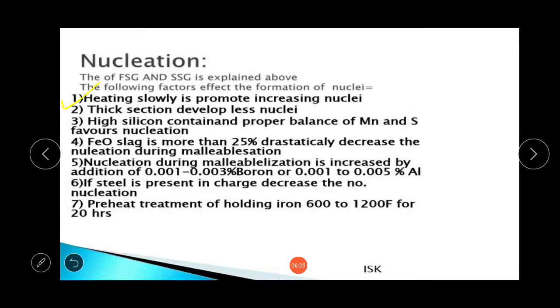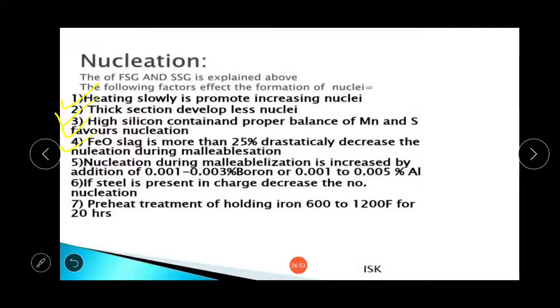Next point, thick sections develop fewer nuclei. Third point, high silicon content promotes balance of manganese and silicon. Fourth point, FeO slag of more than 25% drastically decreases the nucleation during the malleabilization.